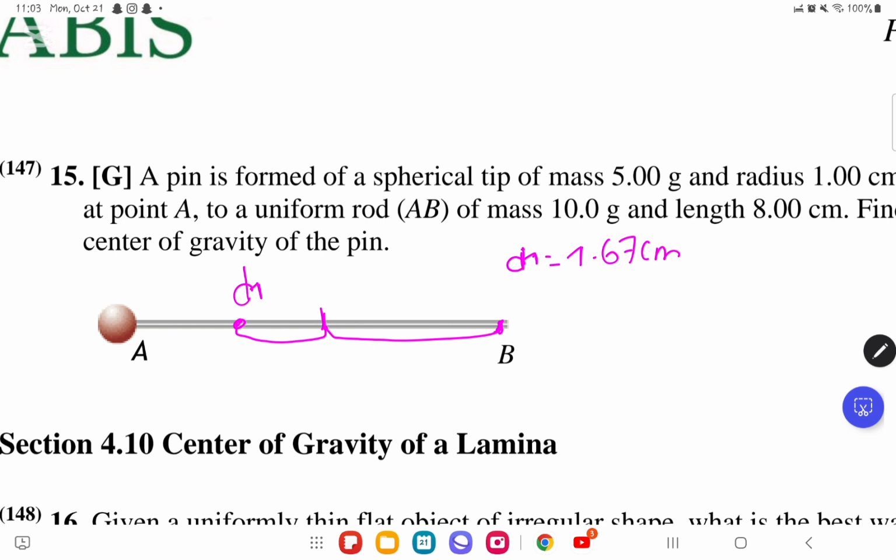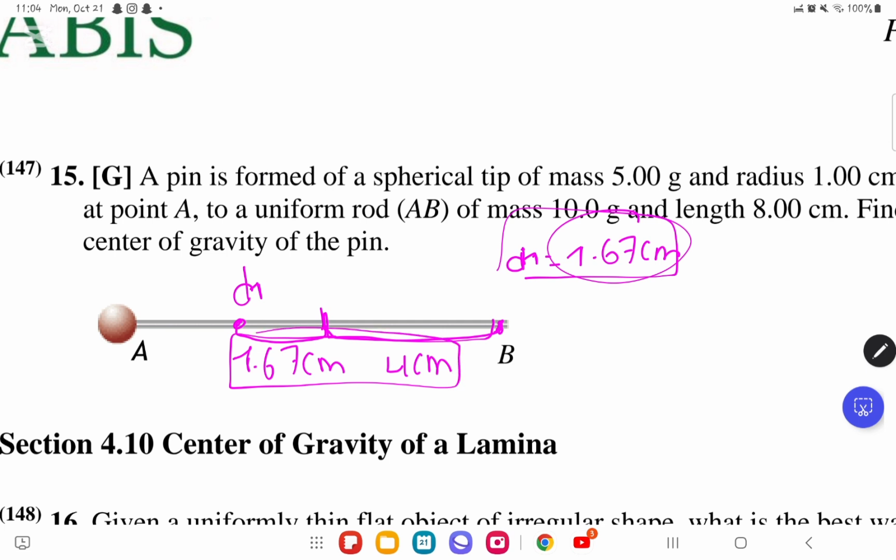So it is going to be the total distance from point B to D1, so 4 centimeters plus over here, and we know that distance 1 is 1.67 centimeters. So now to find the total distance of the center of gravity of the pin, we're going to do 4 plus 1.67 centimeters, which is 5.67 centimeters.